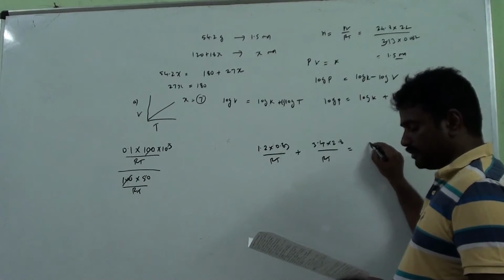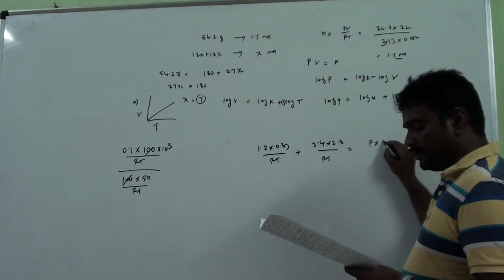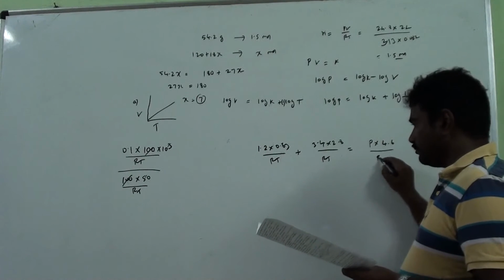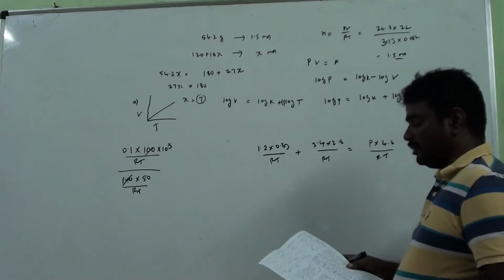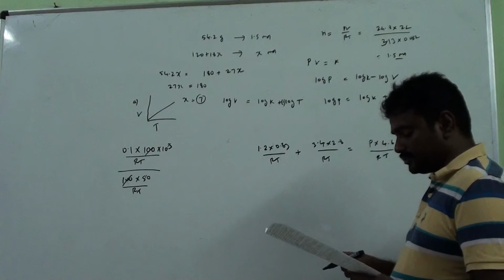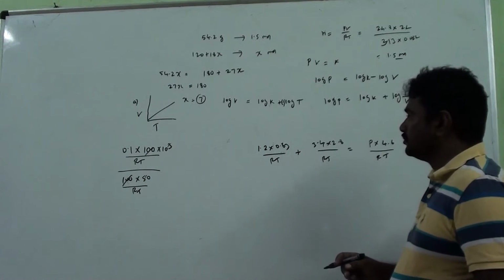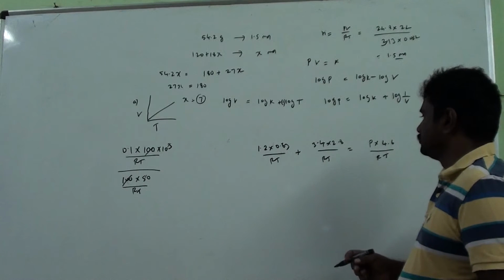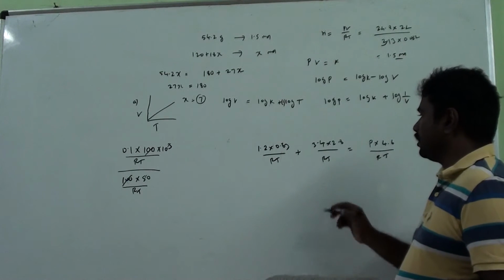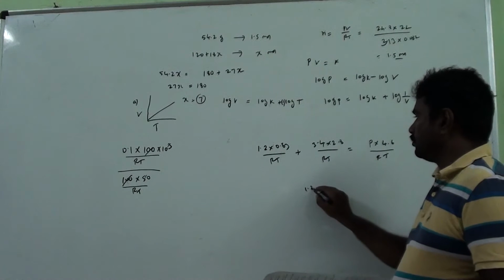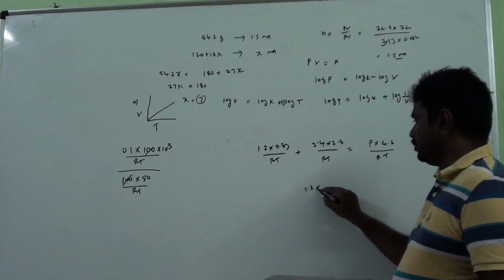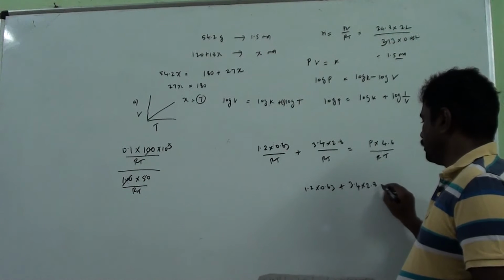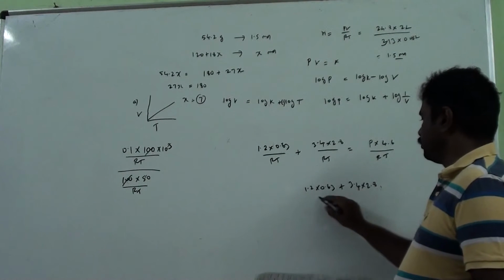For the new moles we don't know the pressure. The volume will be 4.6 liters by the same R. So equate, and you can find the final pressure. Quick, do it. RT can cancel. So 1.2 into 0.63 plus 3.4 into 2.8 divided by 4.6.